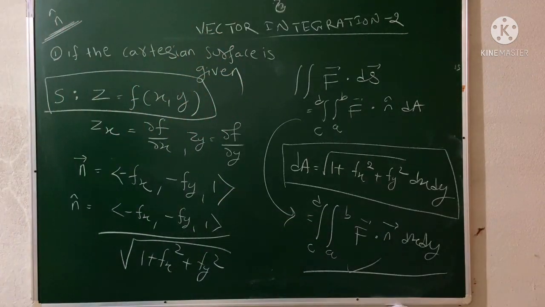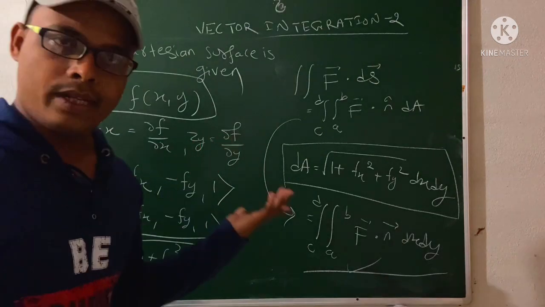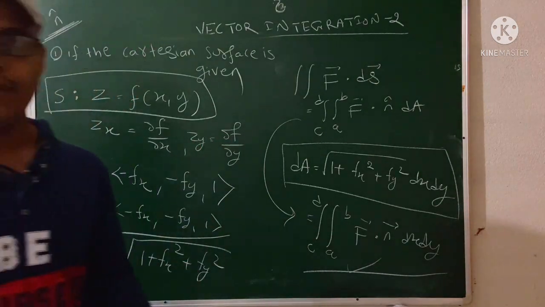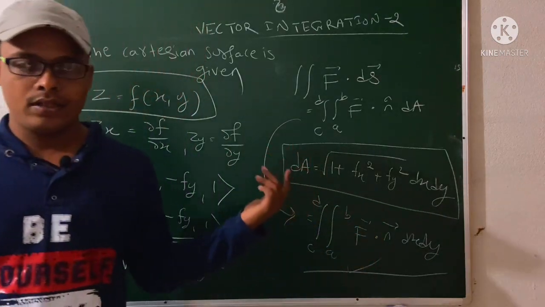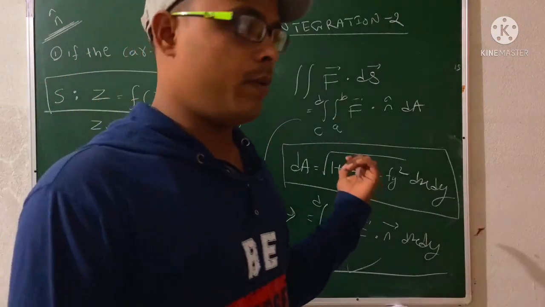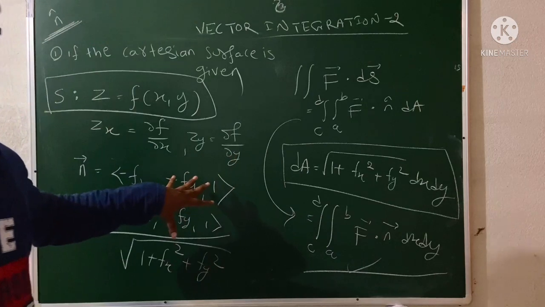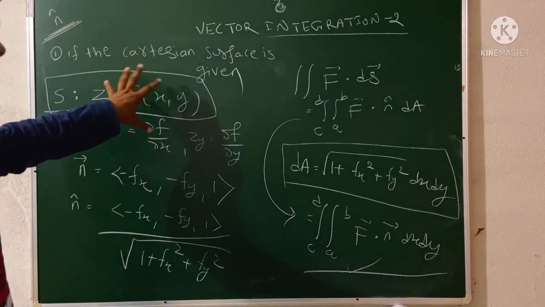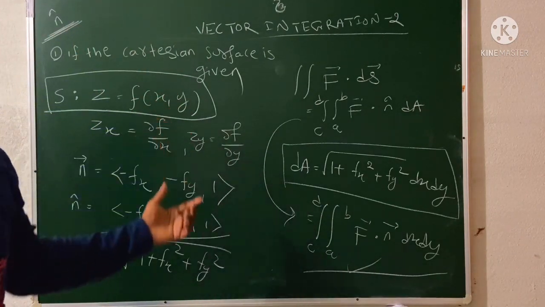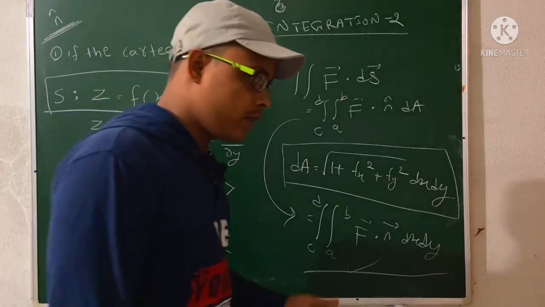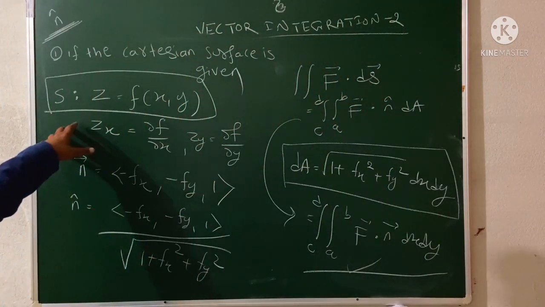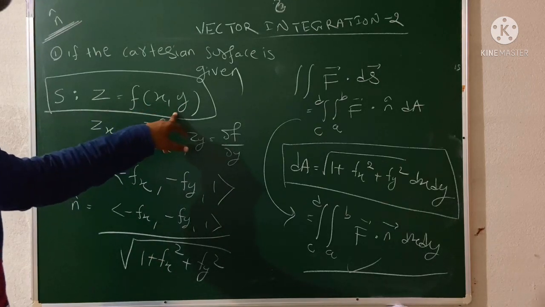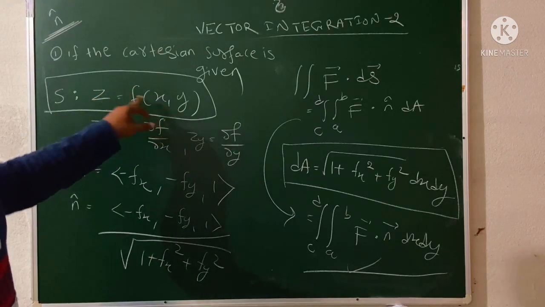This is the formula. If only the xy plane is given, then your n cap will be k cap. If only the yz plane is given, no surface, then your n cap will be i cap. So this is different and the plane is different. This is any surface. That means it can be a circular surface, it can be a parabola surface. So if the surface is given in the form z equal to f of x, y, there are three variables x, y and z.